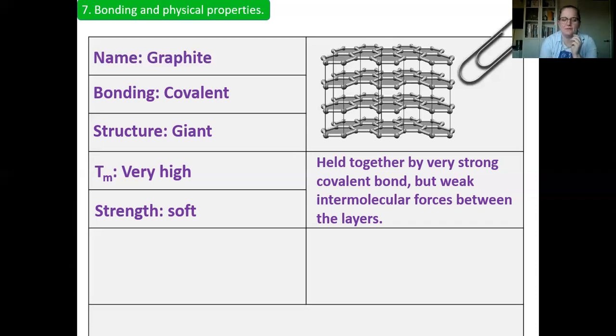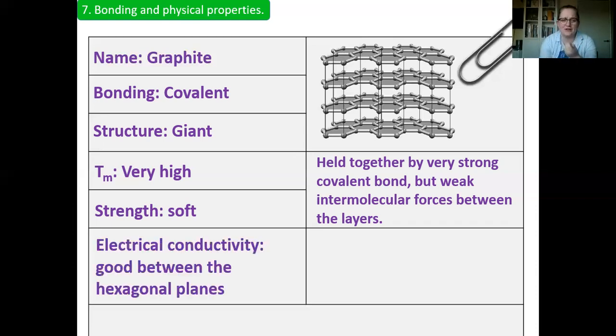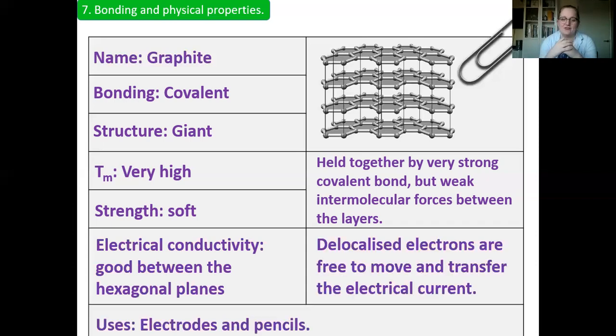And it is able to conduct electricity, and it's really good at conducting electricity between the hexagonal planes. That's because each carbon has 3 covalent bonds, and 1 electron from each carbon is delocalized. These delocalized electrons are free to move and transfer the electrical current through the gap.